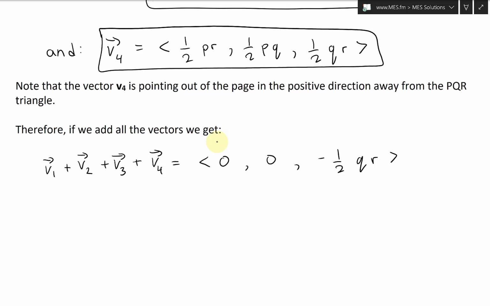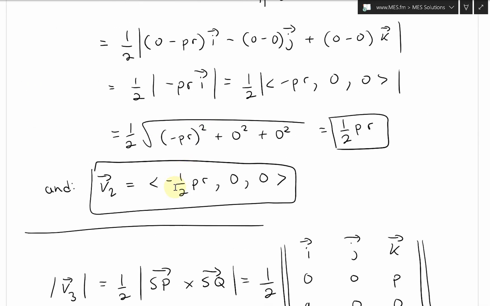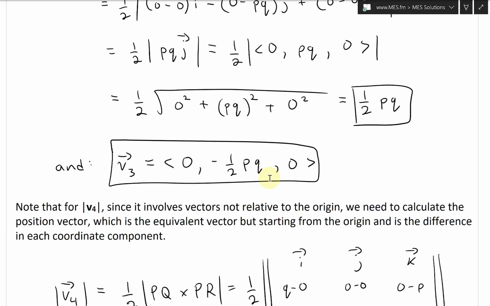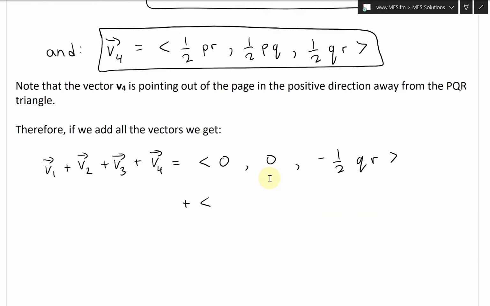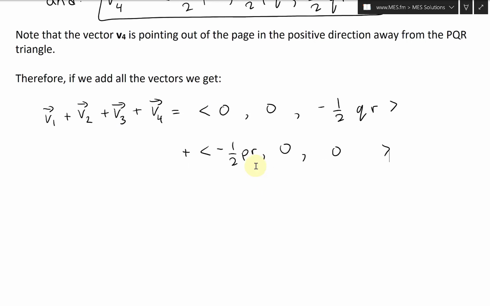And we're going to be adding, so this is going to be plus. The next one is going to be V2. It's negative 1/2 PR and then 0, 0, like this. And here I just made this big space there because I want to try to make it line up somewhat.